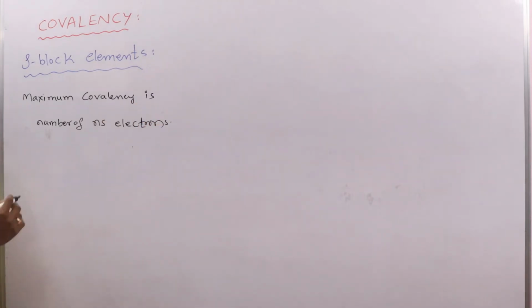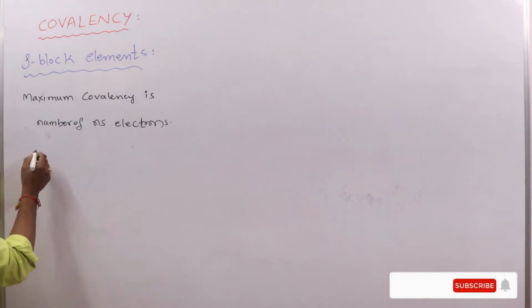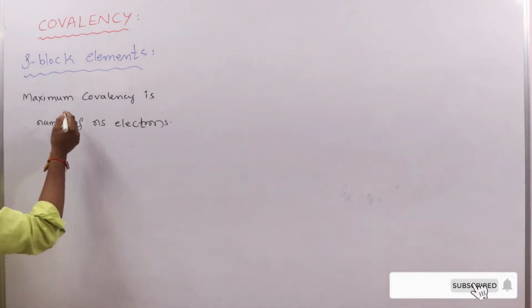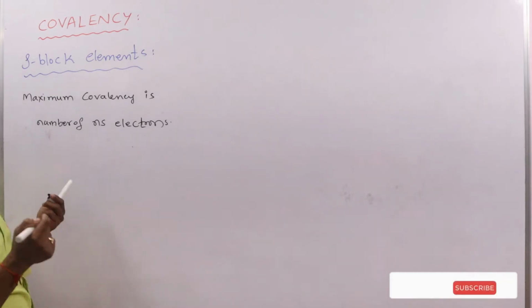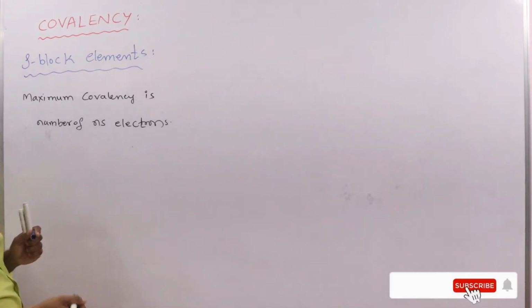Number of ns electrons. For example, we know that in s block elements there are two groups: first A group and second A group, that is alkali metals and alkaline earth metals.